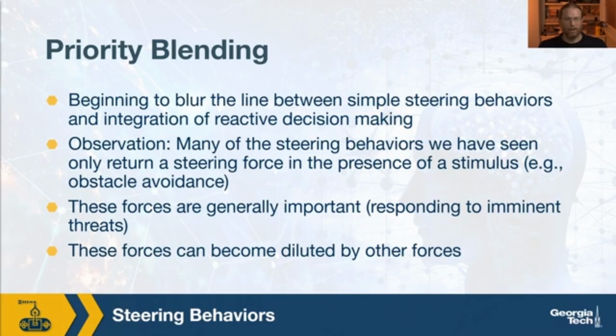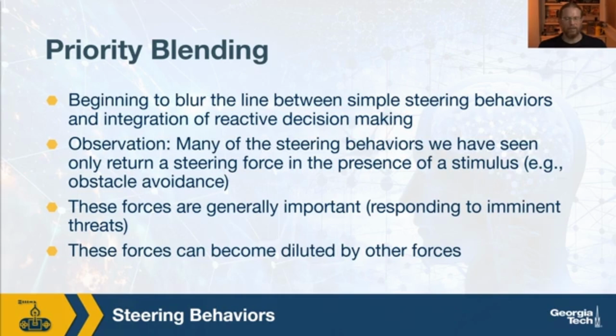But the priority blending is based on the observation that many of our steering behaviors we've seen so far, at least some of them, will return a steering force only in the presence of a stimulus. So like obstacle avoidance, it doesn't return a steering force if there's no obstacle there. There's nothing to return, so it would have no impact.